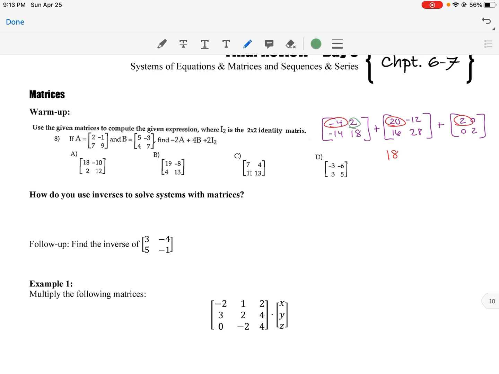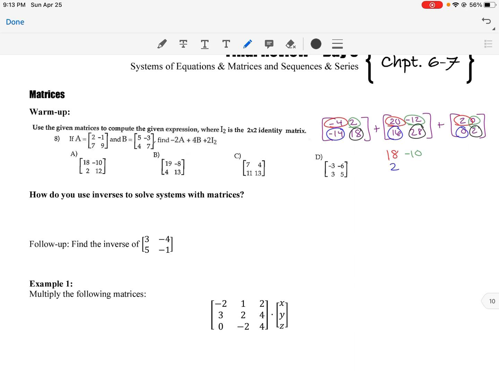As I keep going, I've got 2 plus negative 12 plus 0 is a negative 10. And then I got negative 14 plus 16 is 2 plus 0 is 2. And last but not least, I've got 18 plus 28 plus 2.